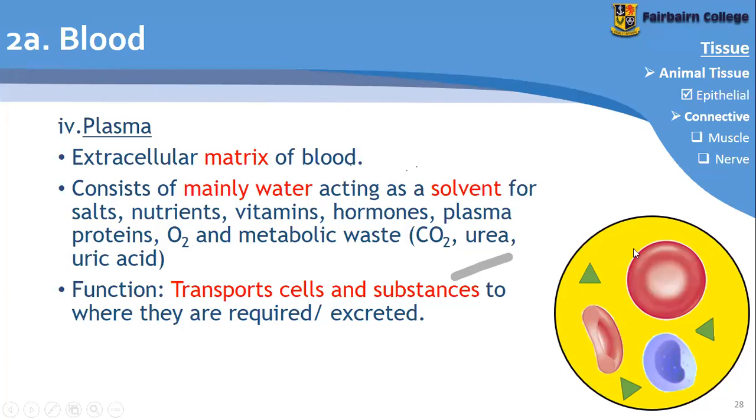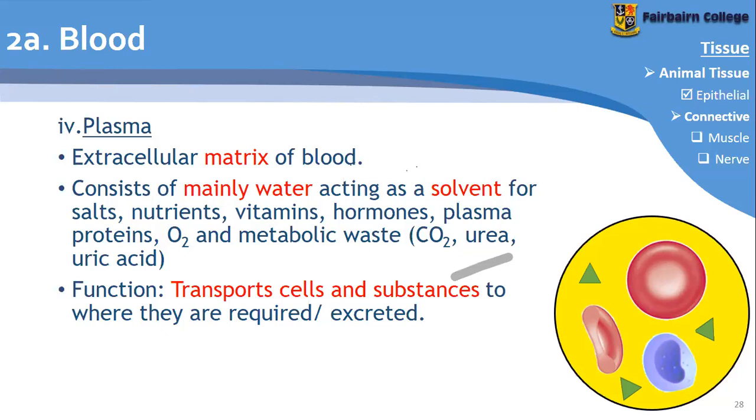So the plasma in your blood is basically just a watery fluid where all of the other cells can exist in. So without the plasma, the cells of your blood would be quite thick and it won't be able to flow. So the plasma makes it watery, makes it able to flow, and it transports all of these things that we've discussed, and also other things like the nutrients that need to be transported throughout the body.